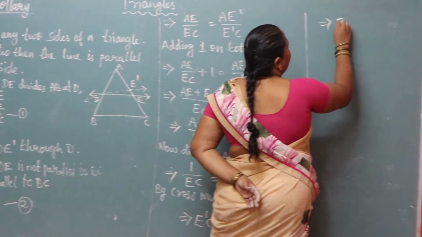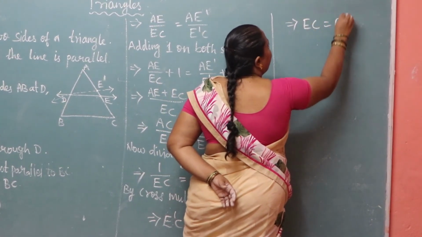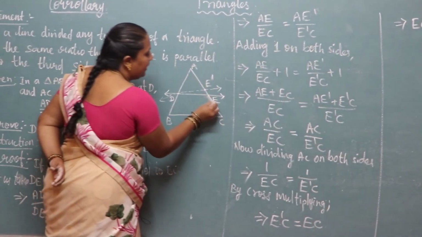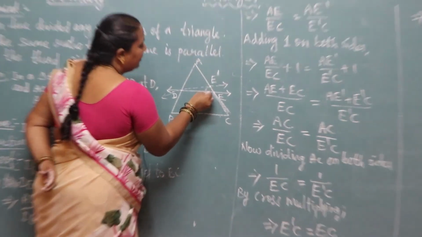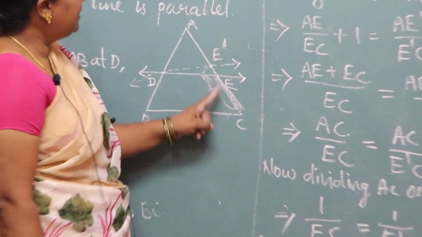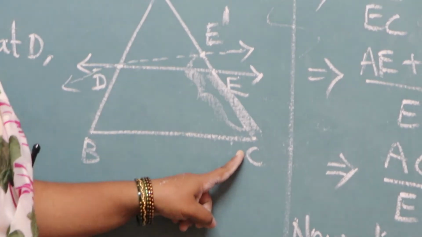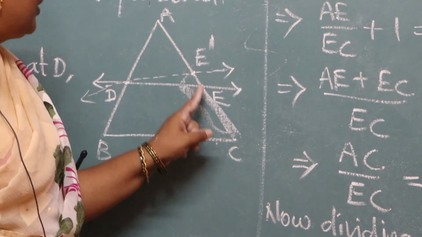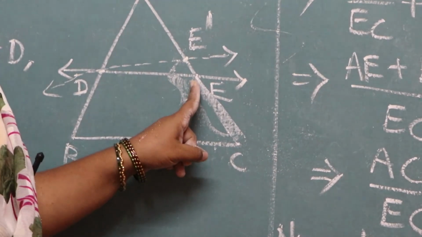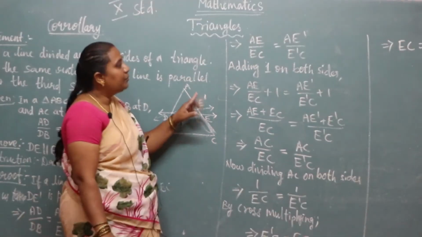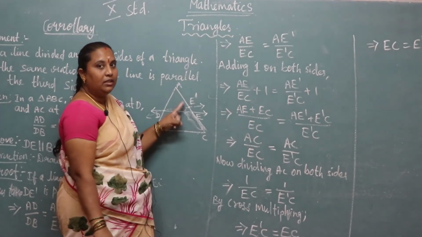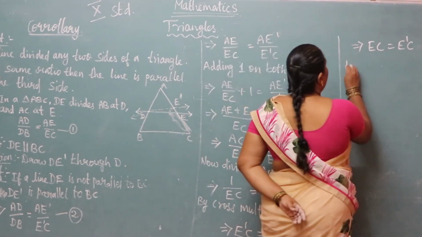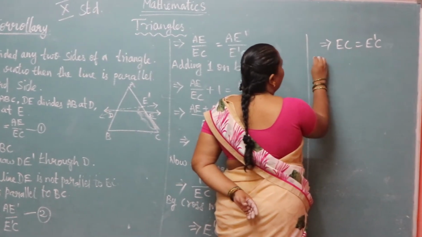That is, we can write it as EC equals E dash C. See, this is EC, and E dash C, this one. So EC and E dash C both are equal, which means this is possible only if E dash and E are on the same point. It is possible only if E dash and E coincide.